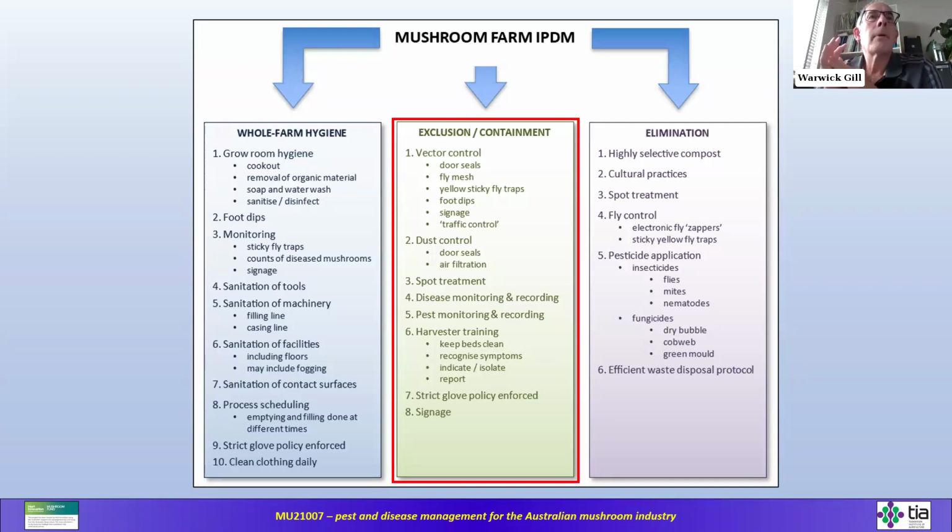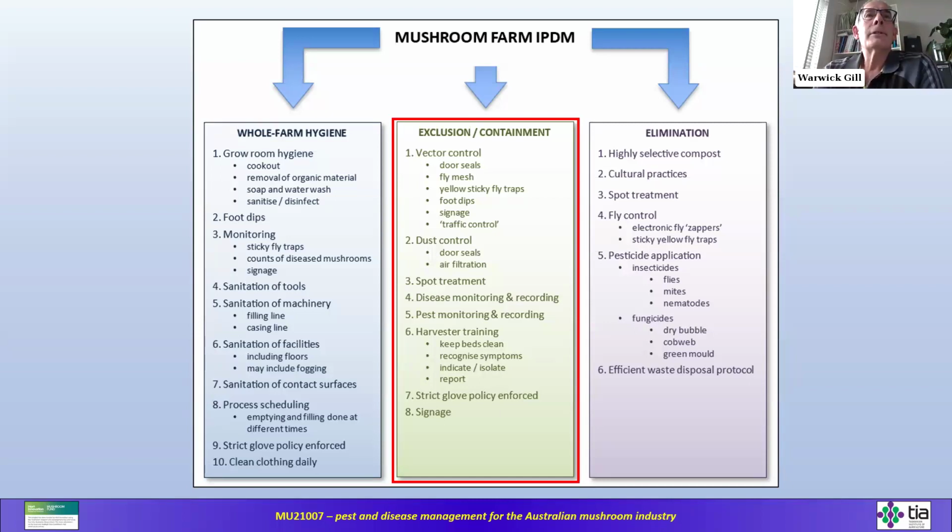Spot treatment, disease monitoring and recording. While it's not an exclusion practice, it's very useful to know when to start our exclusion or when to reassess our exclusion and make sure everything's hunky-dory. Pest monitoring and recording, similarly, after training. These are the people that spot disease more often than not.